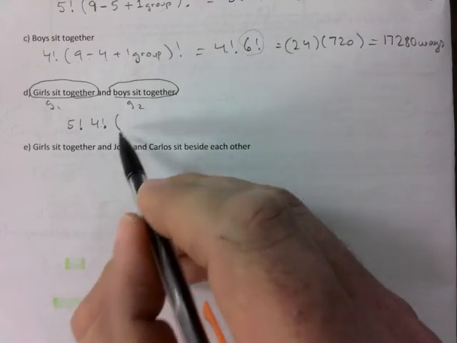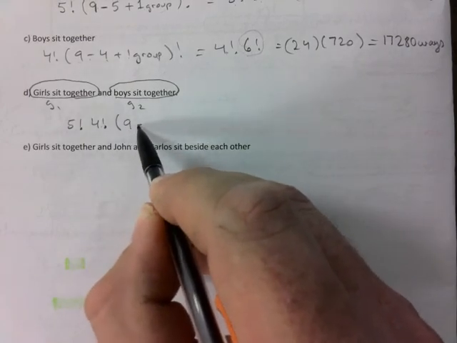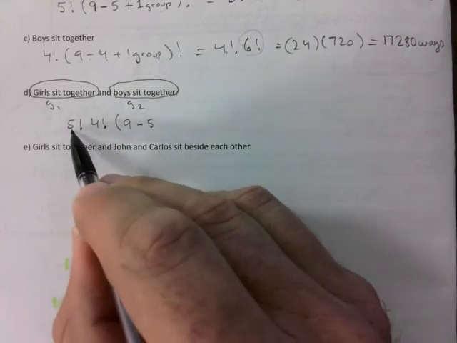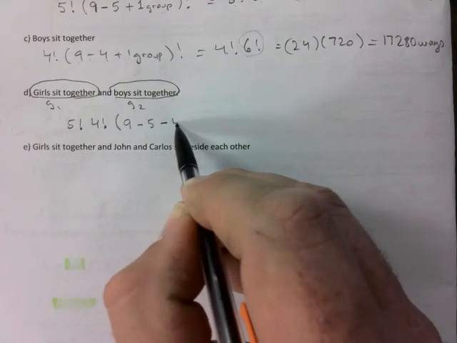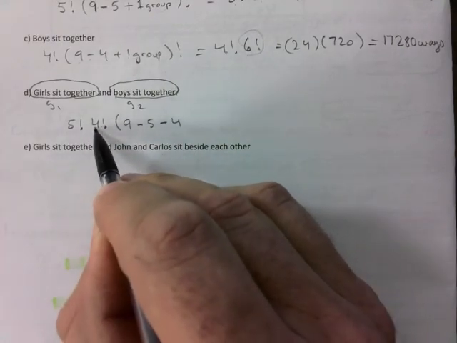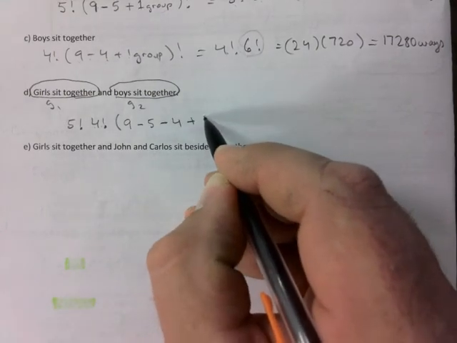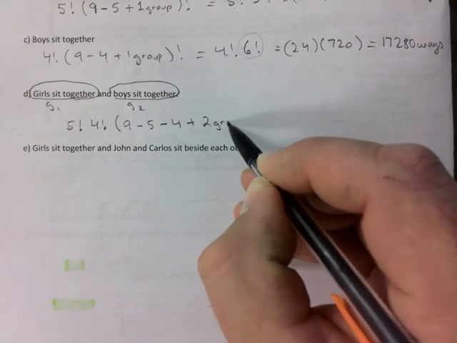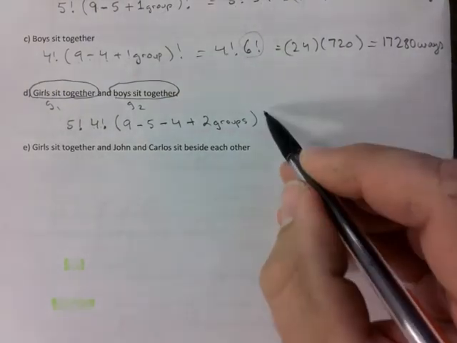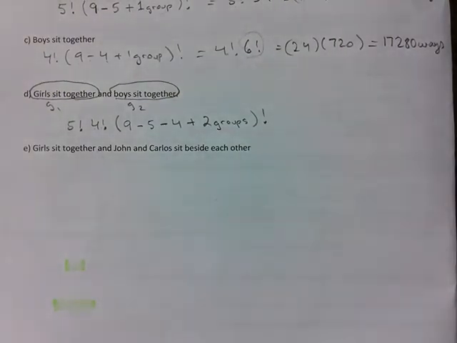Then I open my brackets. I go 9 minus 5, the number of individuals in the first. So basically, take away the numbers you put in front of the bracket. And then you go plus how many groups? Those. Factorial. Don't forget the factorial. That is a classic mistake.